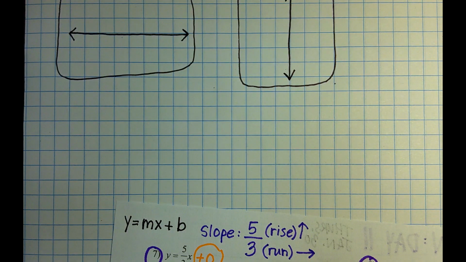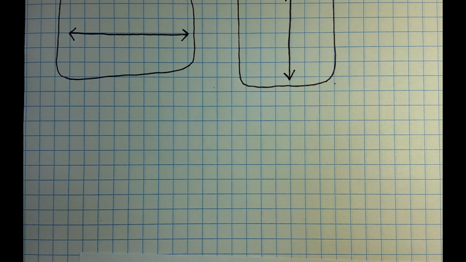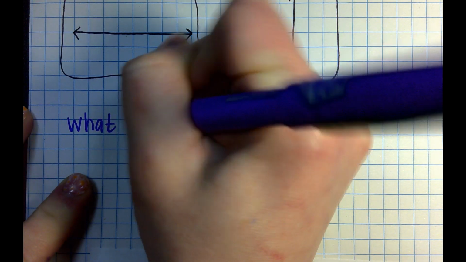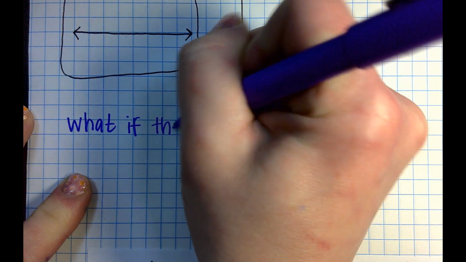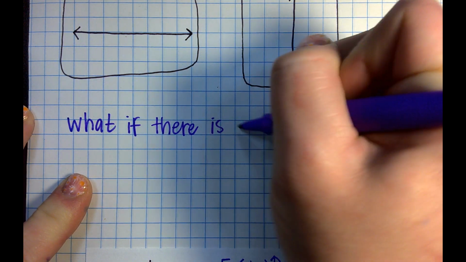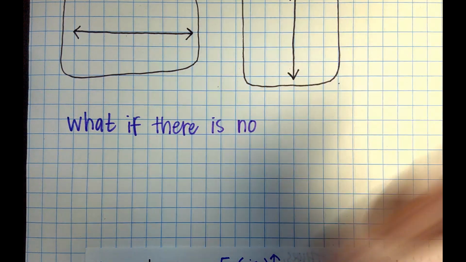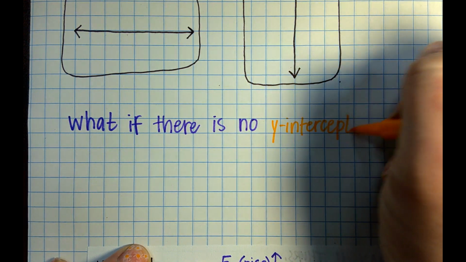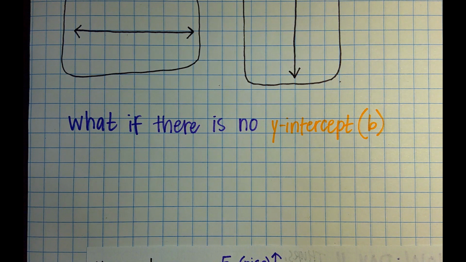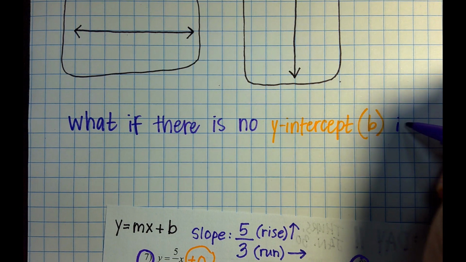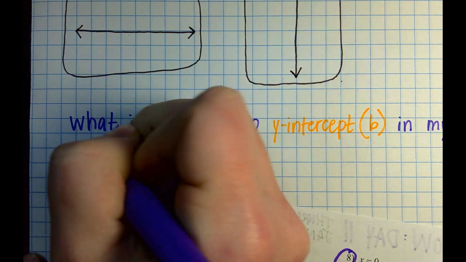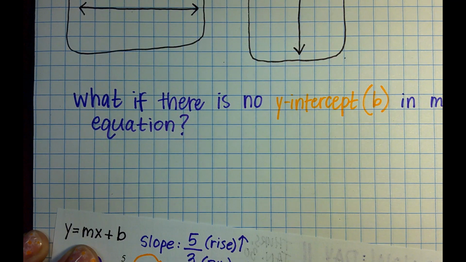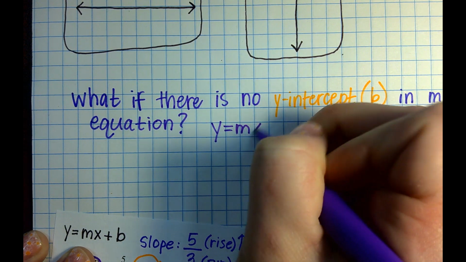I'm going to write, what if there is no y-intercept, or b, in my equation? Just write that again: y equals mx plus b.